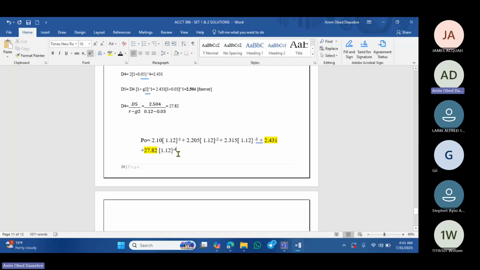But if you just punch everything on the calculator without finding the total for 2.431 plus 27.82, you will get a wrong figure. So first find the total for 2.431 plus 27.8 before you multiply.